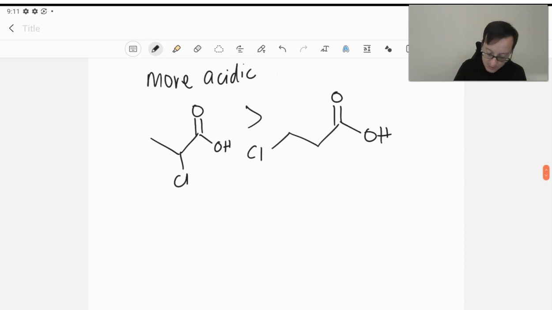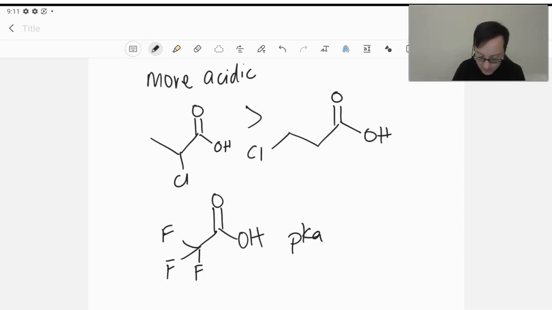For example, trifluoroacetic acid, TFA as it is sometimes called, has a pKa of about 0, so the same as HCl. HCl might be -1 or negative, but very, very close. We're getting very, very acidic at this point. So we tend to see that.